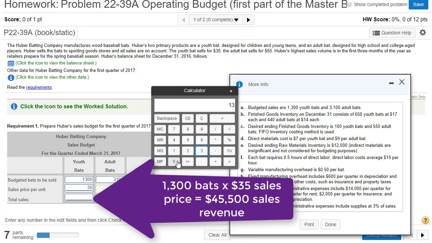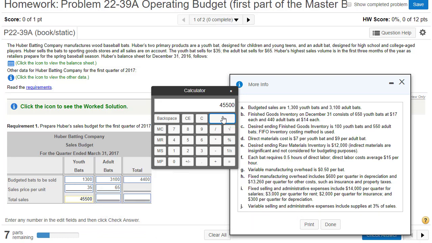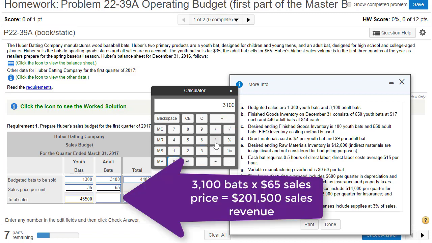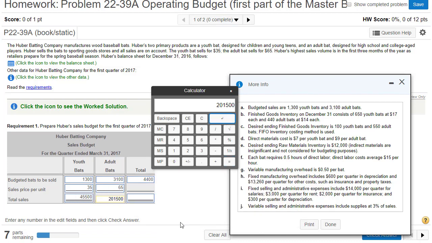So 1,300 times 35 gives us $45,500 of sales revenue, projected sales revenue. Our adult bats, 3,100 bats times 65 each gives us $201,500 of sales revenue for the adult bats.